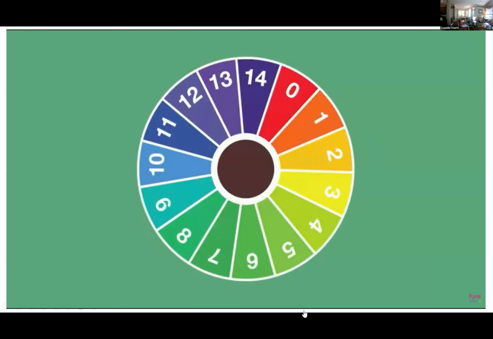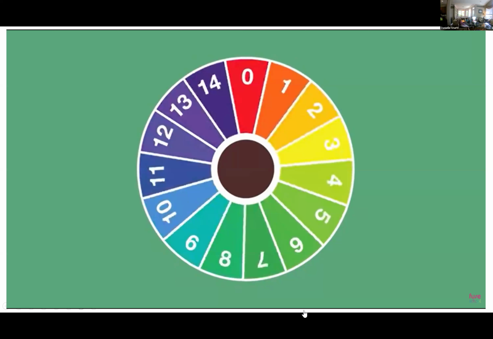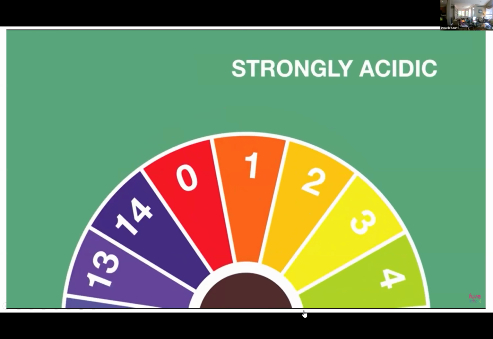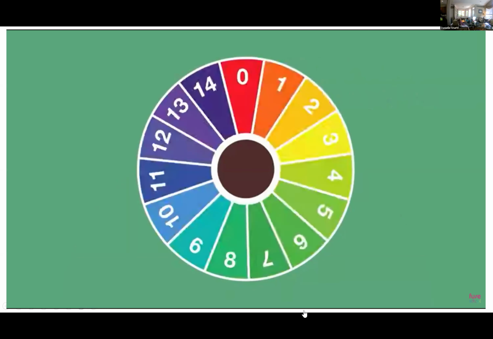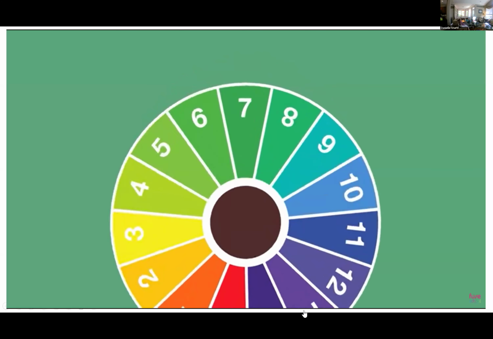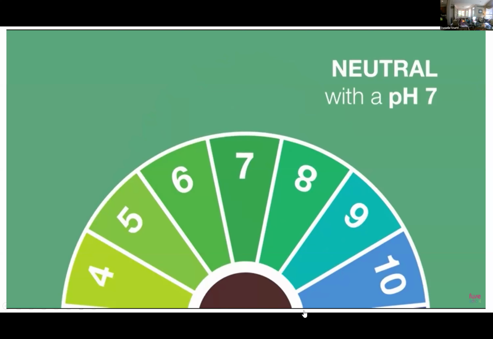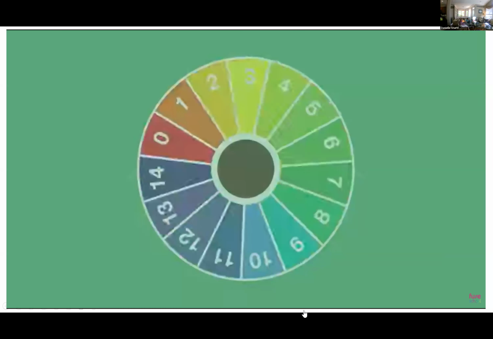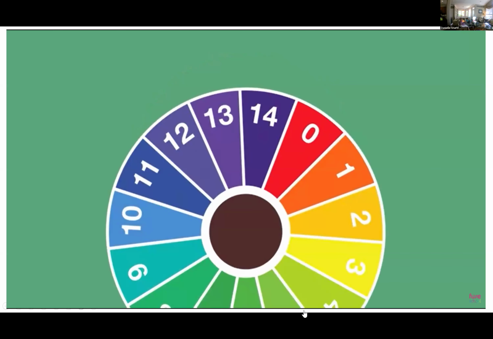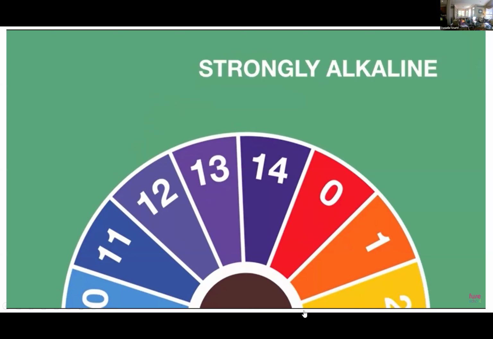If a universal indicator solution turns deep red in a solution, it means that the solution is strongly acidic, with a pH of 1 to 2. If the universal indicator solution turns green, it means that the solution is neutral with a pH of 7. If the universal indicator solution turns dark blue or purple, it means that the solution is strongly alkaline.